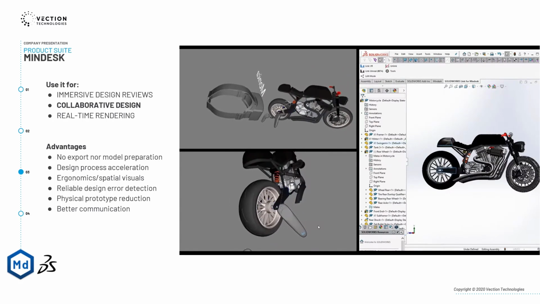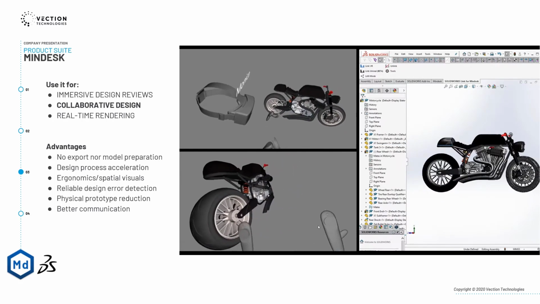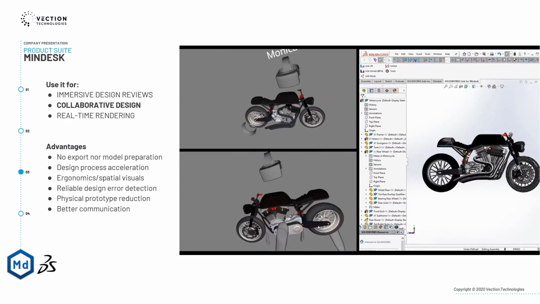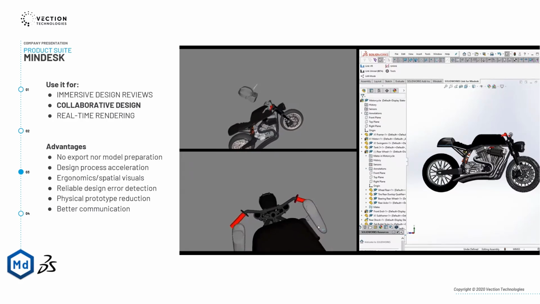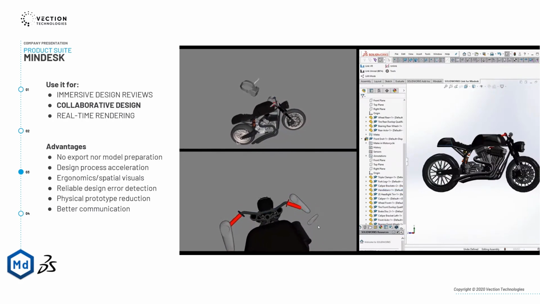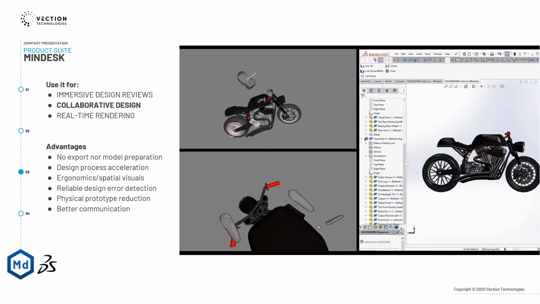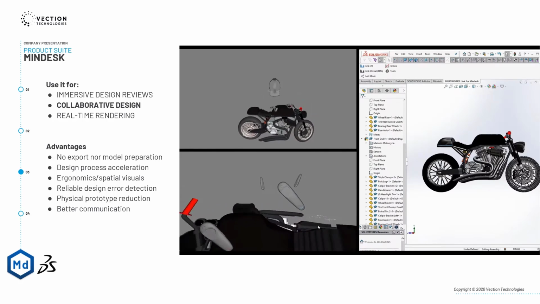The user below is dragging the wheel, and you see it changes. I mean, it is doing that directly on the assembly, and you saw it moving on the right hand side of the screen. And they're in one-to-one scale, so they're trying out the ergonomics of sitting on top of that bike.